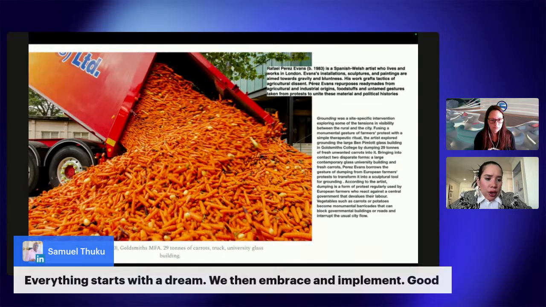Perez Evans, the artist, borrows the gesture of dumping from European farmers' protest to transform it into a sculptural tool for grounding. According to the artist, dumping is a form of protest regularly used by European farmers who react against a central government that devalues their labor. Vegetables such as carrots or potatoes become monumental barricades that can block governmental buildings or roads and interrupt the usual city flow.